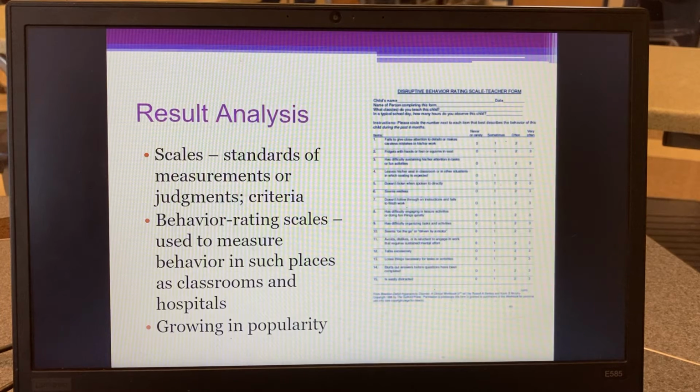These are used mostly in classrooms, but it can also be used in hospitals, especially in a psychiatric ward. Every once in a while, you might see them other places, just to figure out if you're healthy enough to go home maybe. So yeah, that type of stuff.